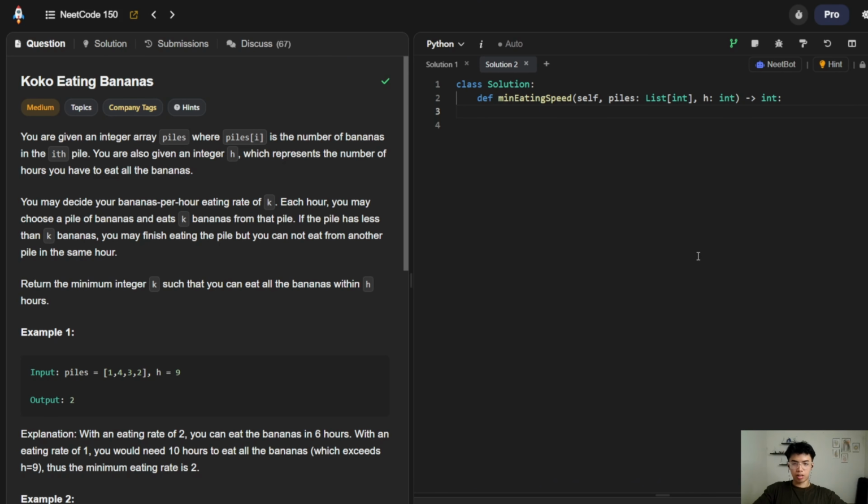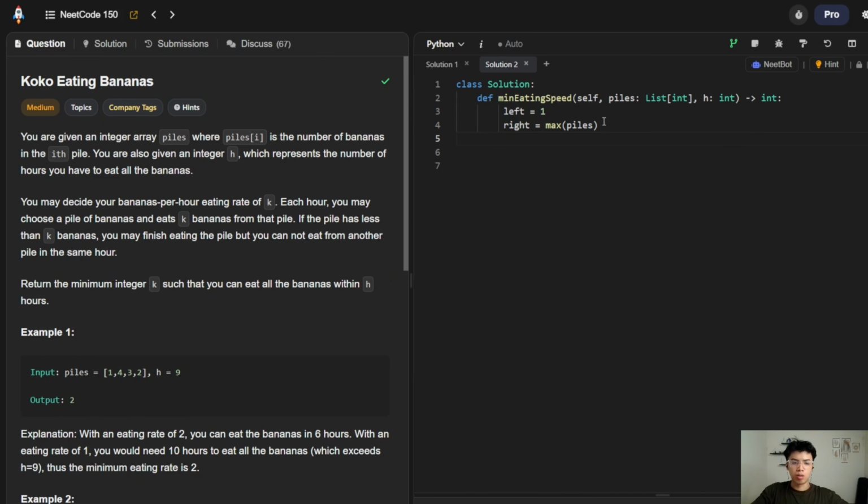Now let's code it. First, I initialize the left to 1 and right equal to the max pile, and as we know, the max pile is always a valid answer.